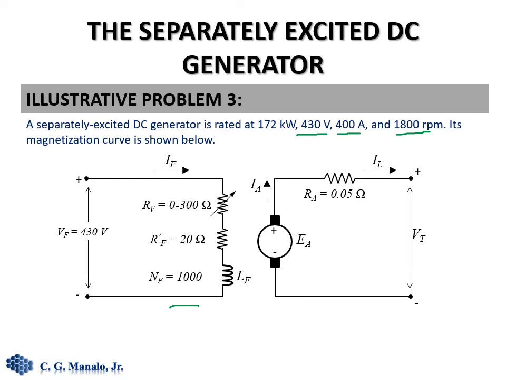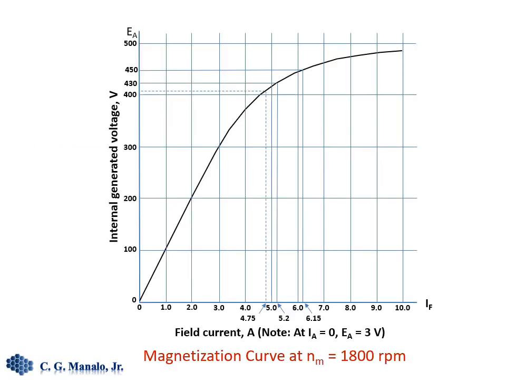The field circuit has 1000 turns. The field windings have 20 ohms, and in series to that is a variable resistor that varies between 0 and 300 ohms. The armature windings have 0.05 ohms of armature resistance.